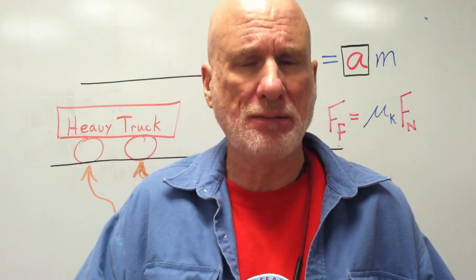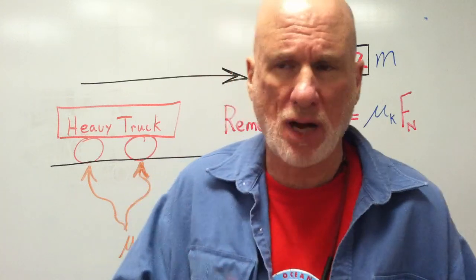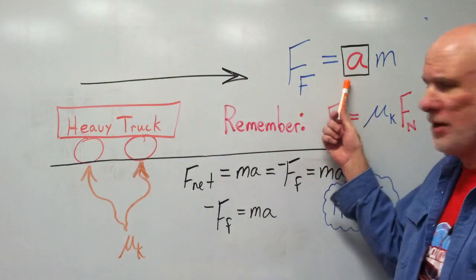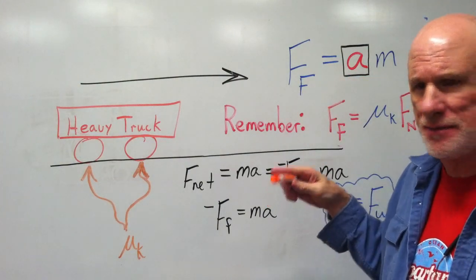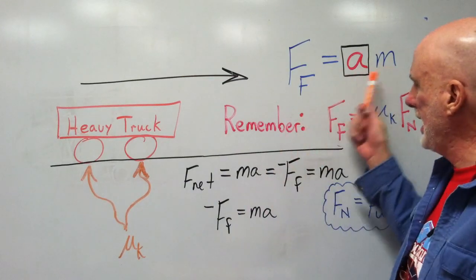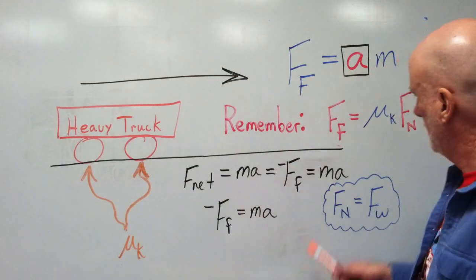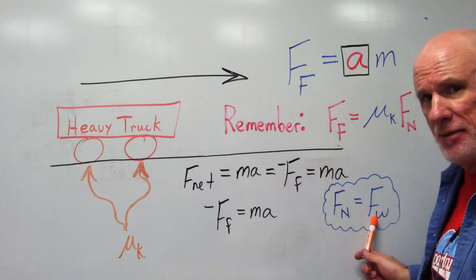Let's examine the facts that I reviewed with you. Well, notice how I wrote this. I wrote that A as a constant. I double the mass, I double the friction. I double the mass, I double the weight.